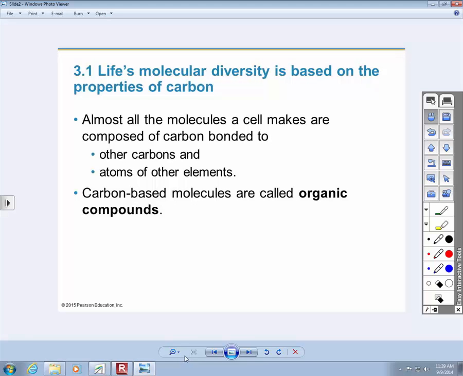It's called organic compound, and they have a whole field of study called organic chemistry that most of you will take. And I loved organic chemistry. I wasn't particularly fond of the inorganic, but organic chemistry I liked because it was very applicable to the living world, and I thought it was cool. Anyway, so those are carbon-based compounds is what we'll be working with.